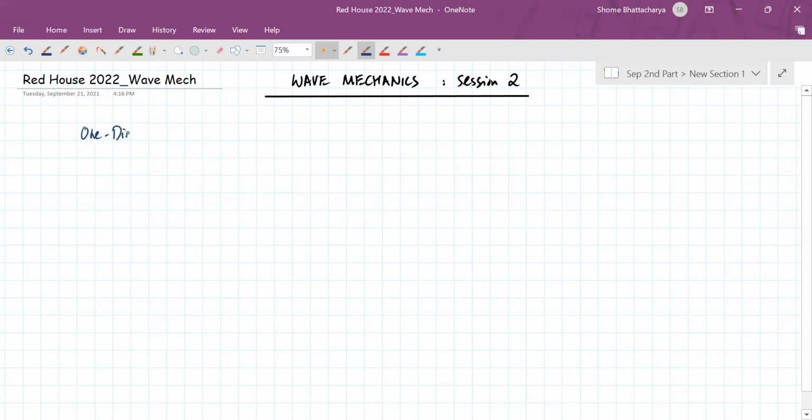So one-dimensional means it's traveling along one axis. Transverse mechanical waves. The physical model of that is going to be waves on a stretched string.